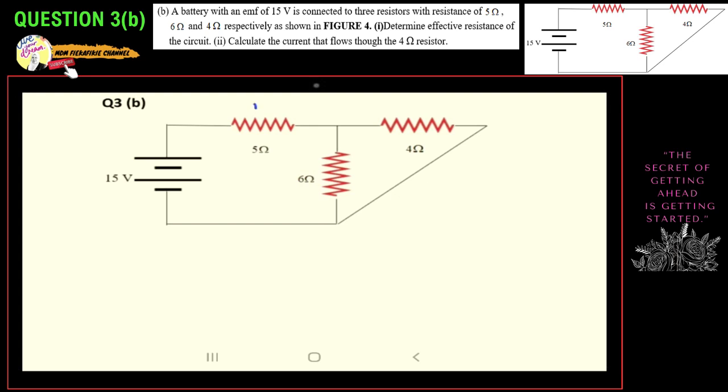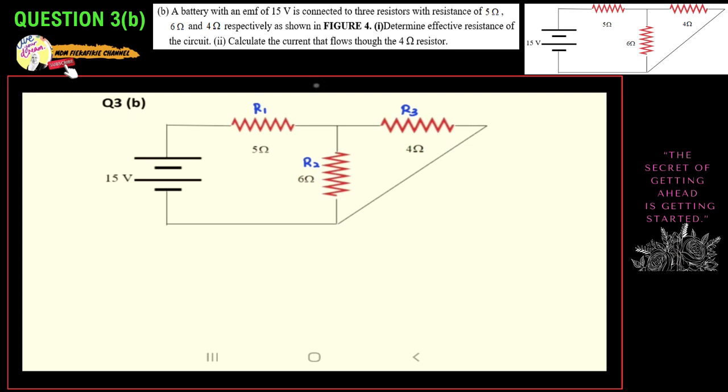So this one is R1, this is R2 and this one is R3. Determine the effective resistance or the total resistance of the circuit and then calculate the current that flows through the 4 ohm resistor. In this case, the 4 ohm resistor refers to the third resistor here.